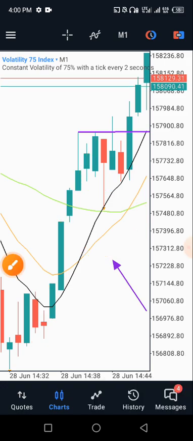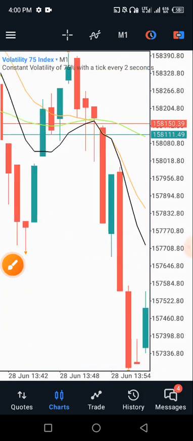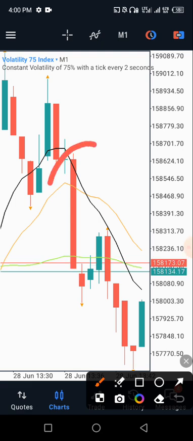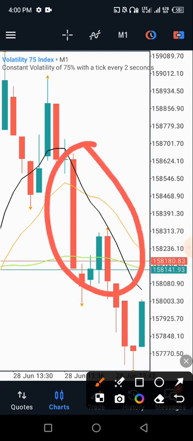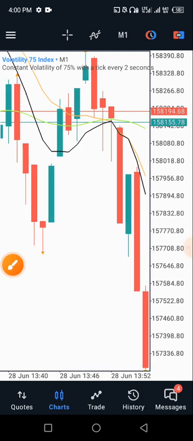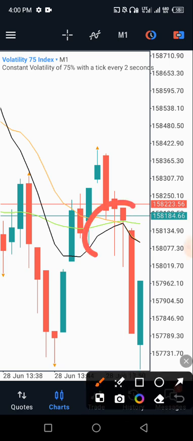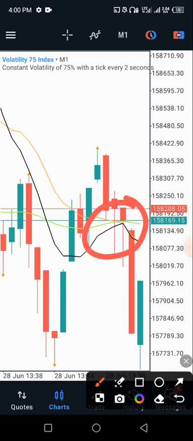But if you look at this particular place here, you will notice that the cross didn't happen almost at the same time. So we are going to be making use of this particular cross in here. You can see that they are close together, so you want the moving averages to be close together.